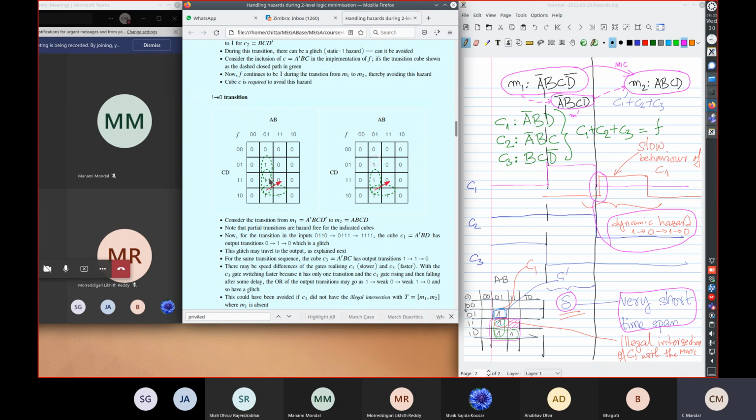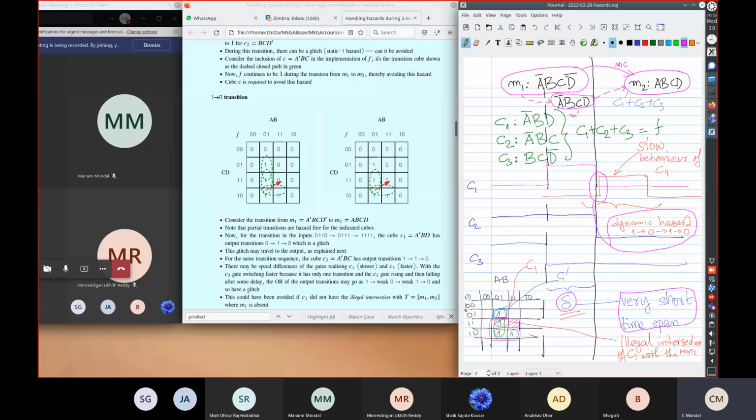That means if you consider the 1-1 transition from A bar B C bar D to A bar B C D, that is a situation where you would actually like to have that cube, the C1 cube.